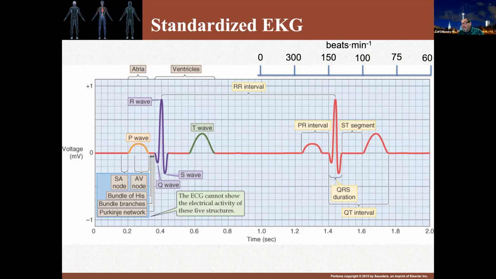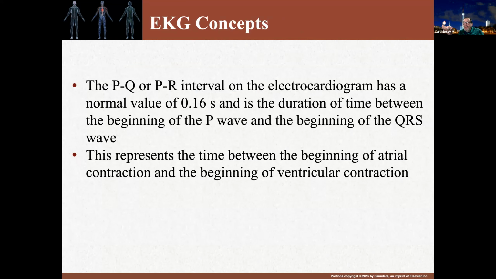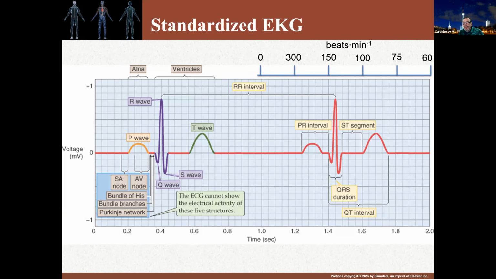And again, now the PR interval, or PQ interval if you will, has a set value. If we go back here and you measure this, so this is our PR interval here. So now I'm just going to use the little boxes.